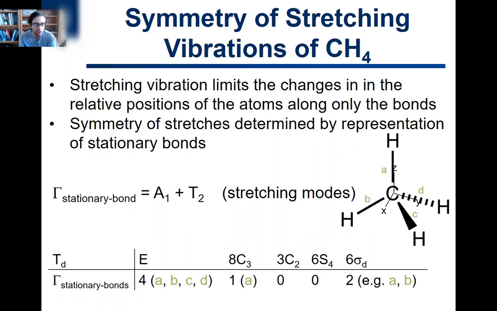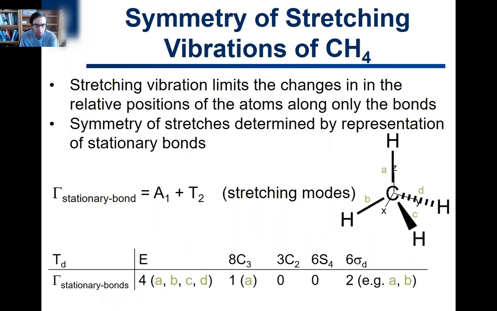So that's all you can do. All you can do is change angles and change lengths. You can call things whatever you want, but fundamentally, that's all you can do. So what you're going to do here is figure out what the stretches are.